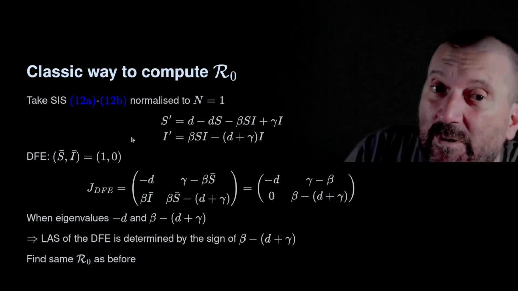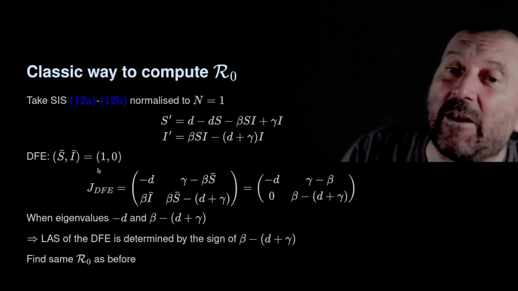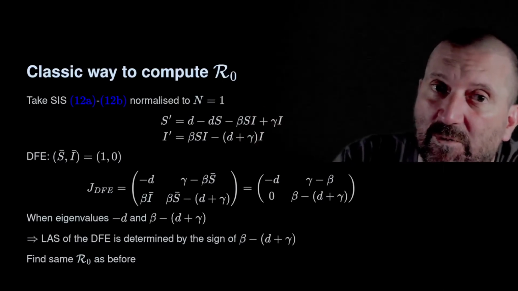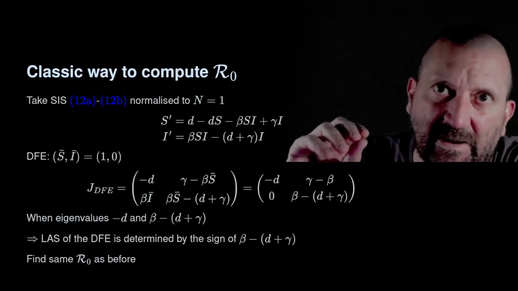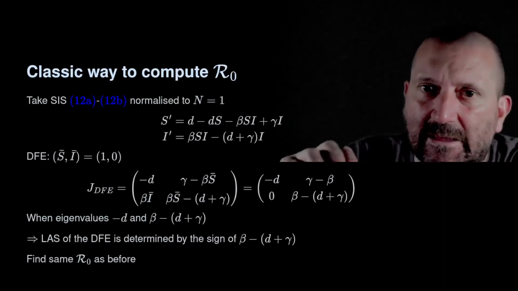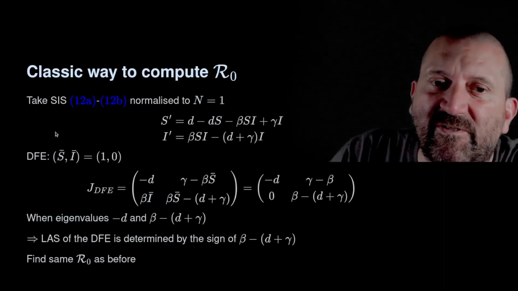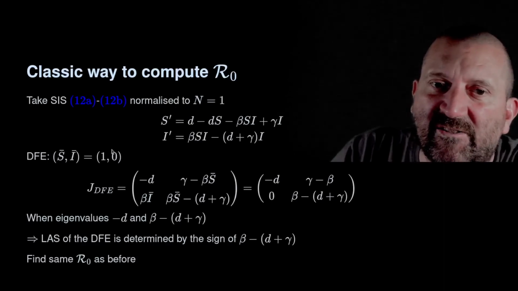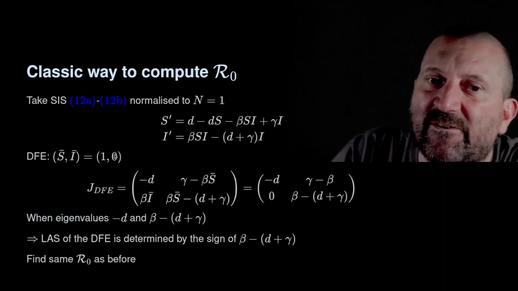You compute the equilibria, you find two equilibria: a disease-free equilibrium and an endemic equilibrium. But in terms of computing R0, R0 is computed by finding where the disease-free equilibrium loses stability. Because I'm normalized, the disease-free equilibrium is just everybody is susceptible, nobody's infectious.